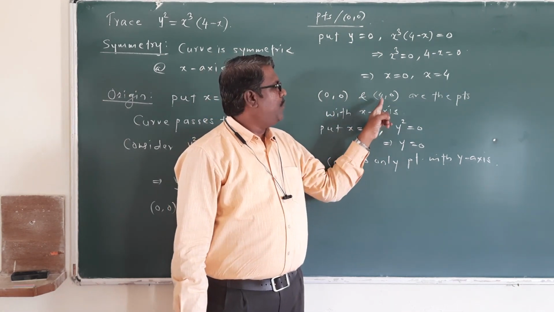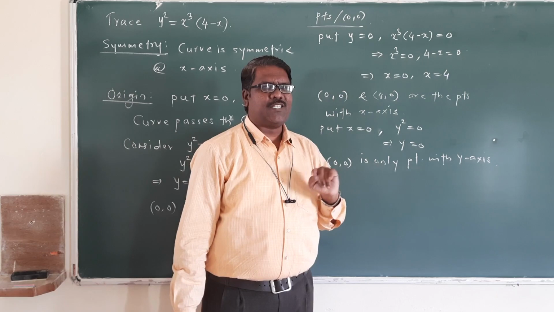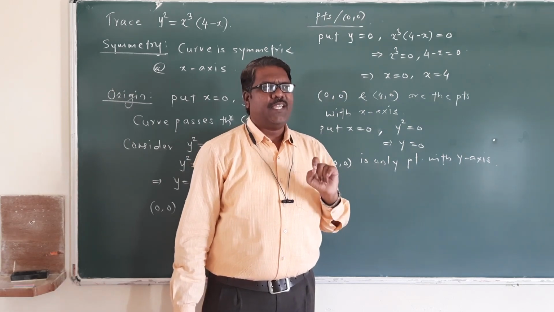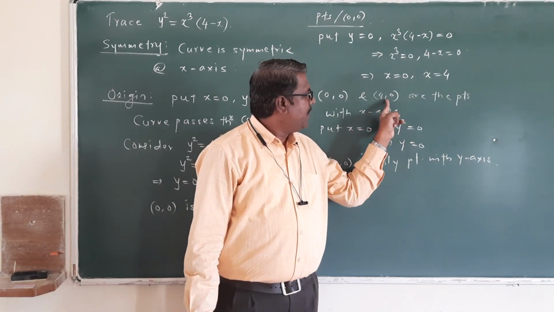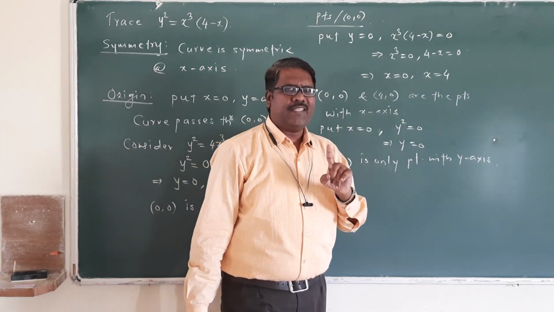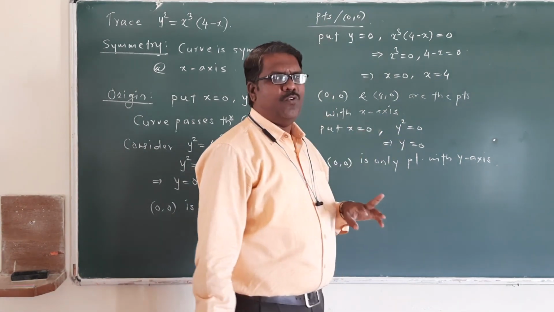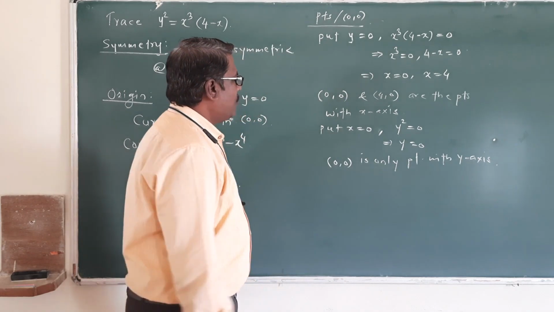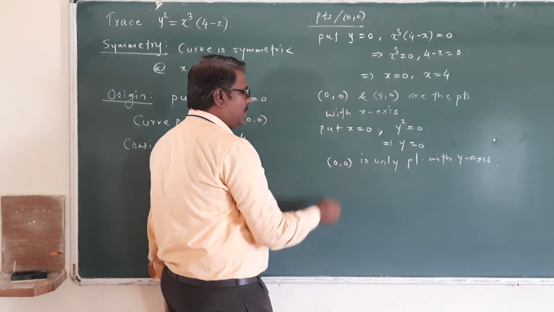So if there is a point other than origin, the next work is to calculate the equation of tangent at this point, 4, 0. And to get the tangent at this point, we use shift of origin. So which transformation are we going to use?